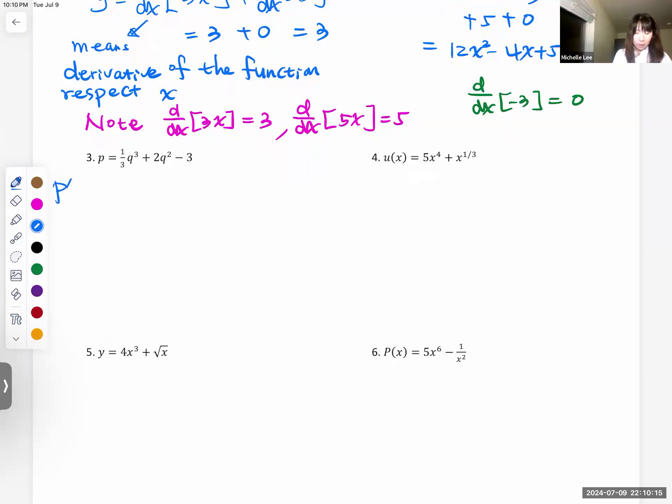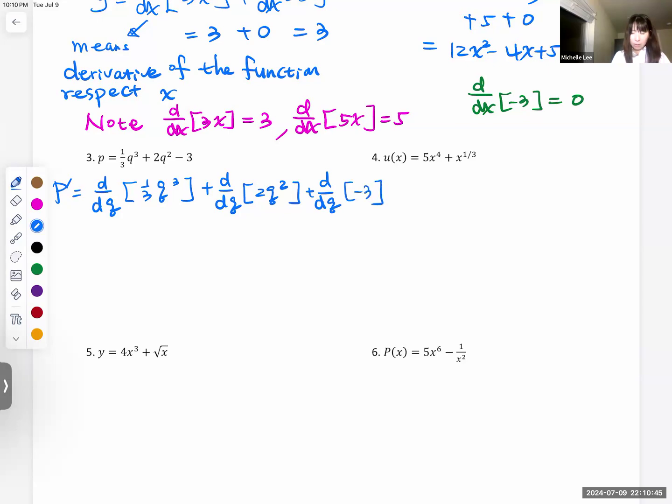So P prime is the derivative with respect to q of 1/3 q to the third power, plus the derivative with respect to q of 2q to the second power, minus the derivative. Oh, we have to distribute the minus inside, and negative 3. Okay, so what do we get for this one?